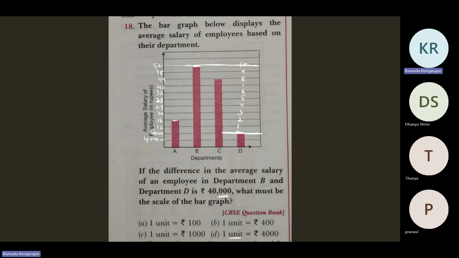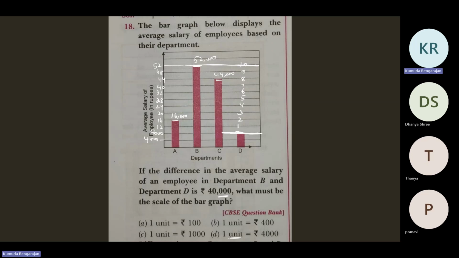So this one is roughly 16,000. This one is 52,000. This one, I'll just write roughly, children. Anyways, this is not going to be a part of the answer, 44,000.